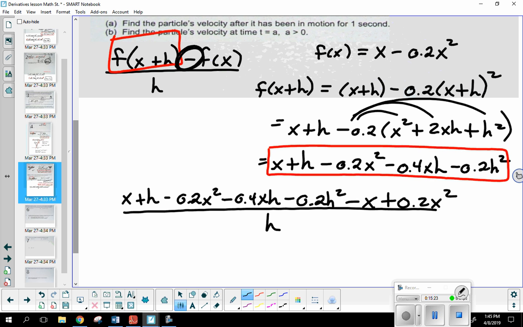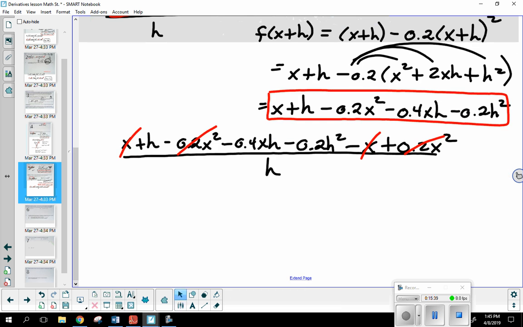Now what can cancel? Okay. So let's see. We have 0.2x squared. There's a negative. There's a positive. We also have x minus x. Okay. So it looks like I have two terms left, which would give me what? Negative 0.4x, because those h's are going to cancel, minus 0.2h.